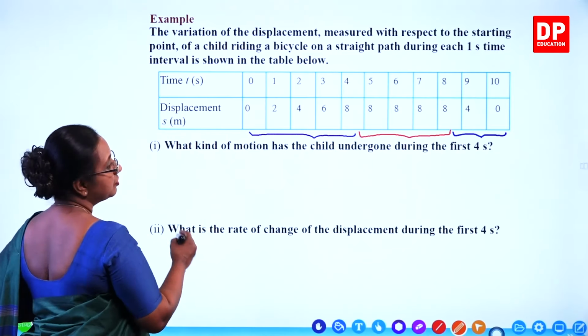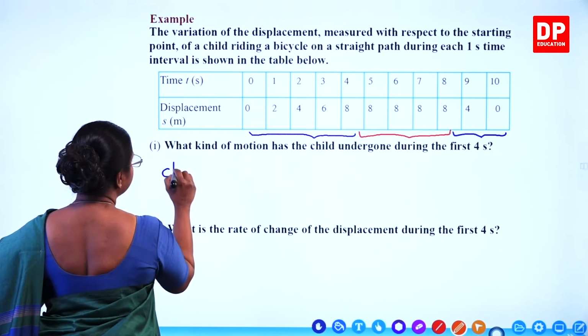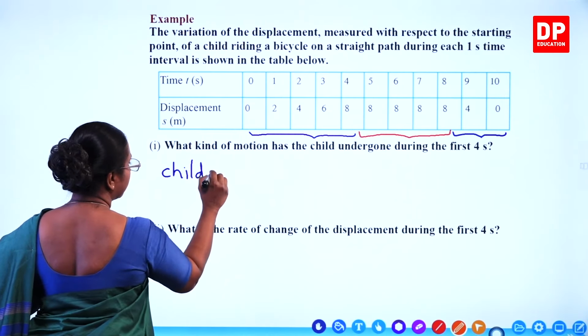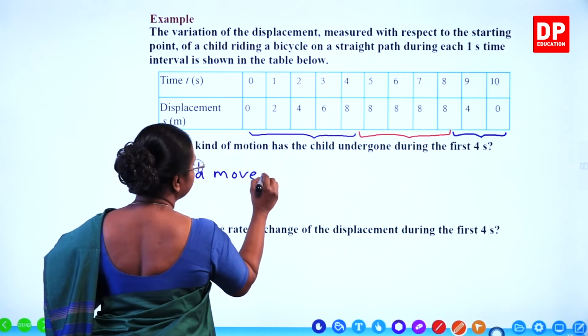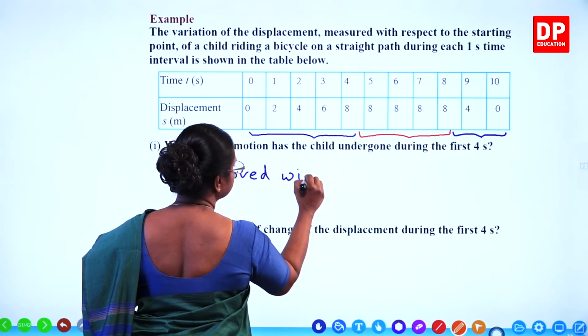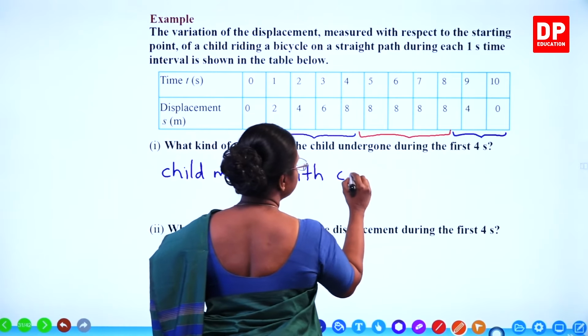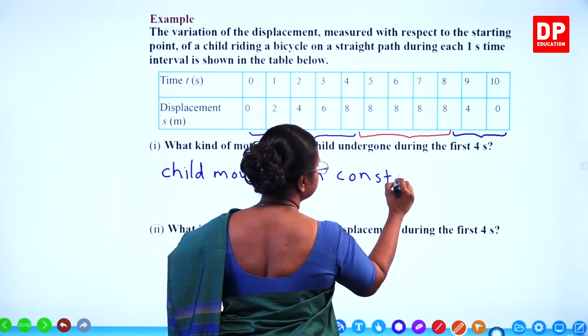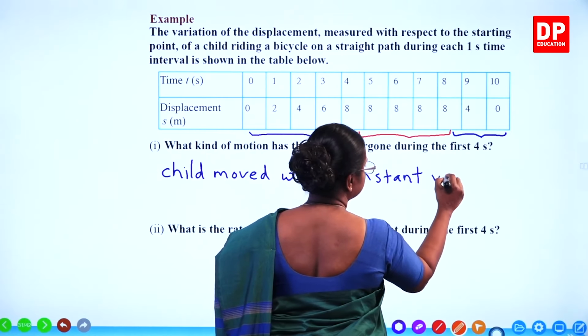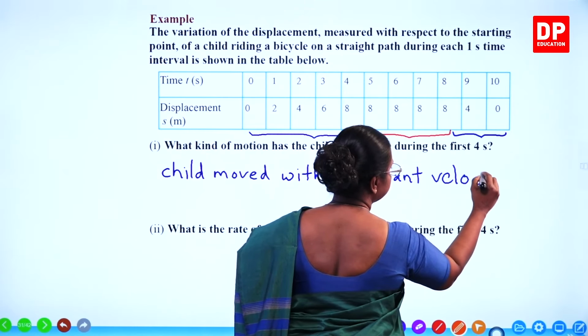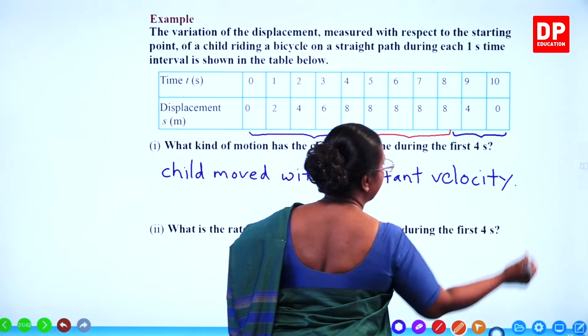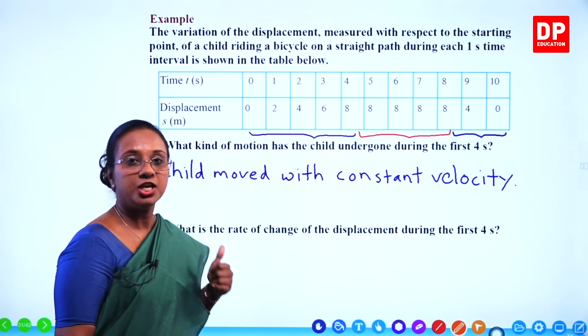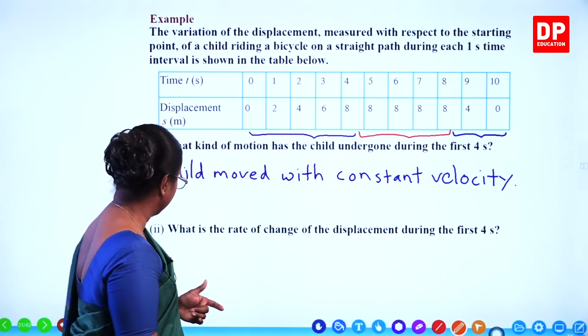So, we will have to say the child moved with constant velocity. Magnitude did not change, direction did not change.